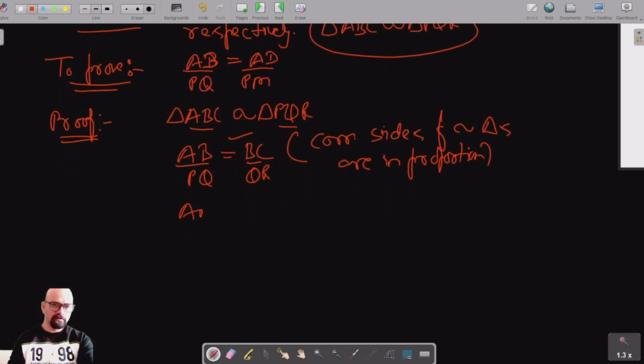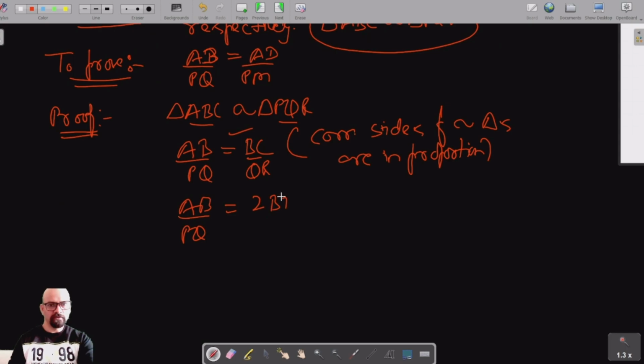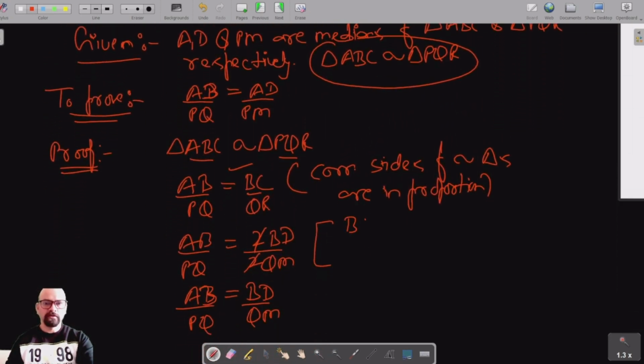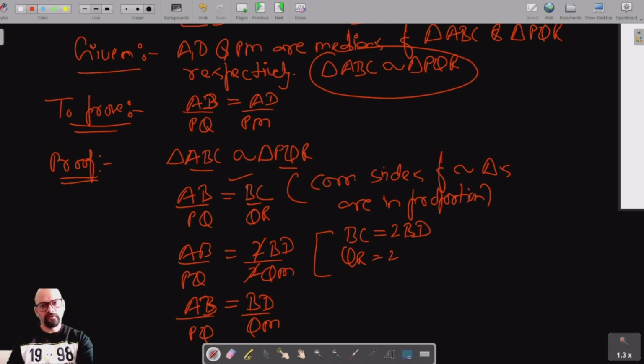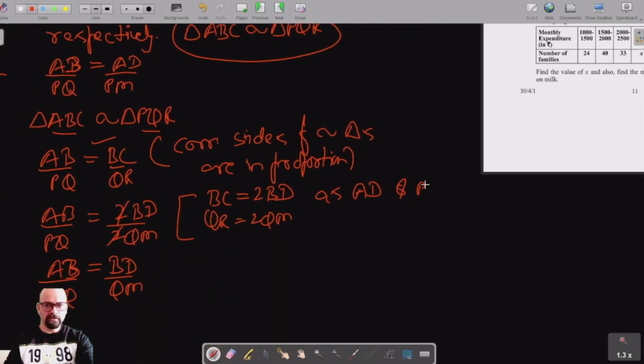Okay, now this BC can be written as 2 times BD, and the QR can be written as 2 times QM, so this gets cancelled, and AB by PQ is equal to BD by QM. We get this result because BC is equal to 2 times BD and QR is equal to 2 times QM, as AD and PM are medians.